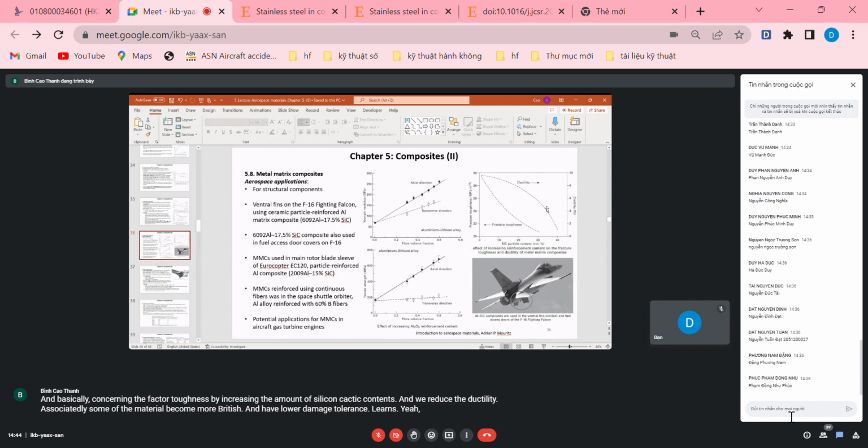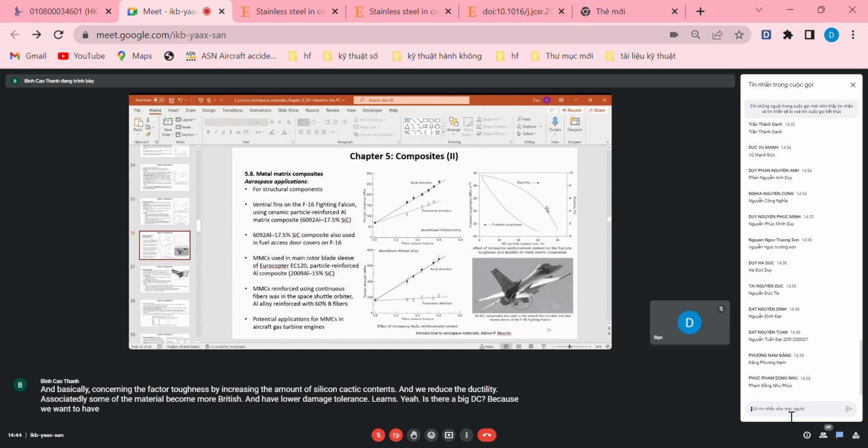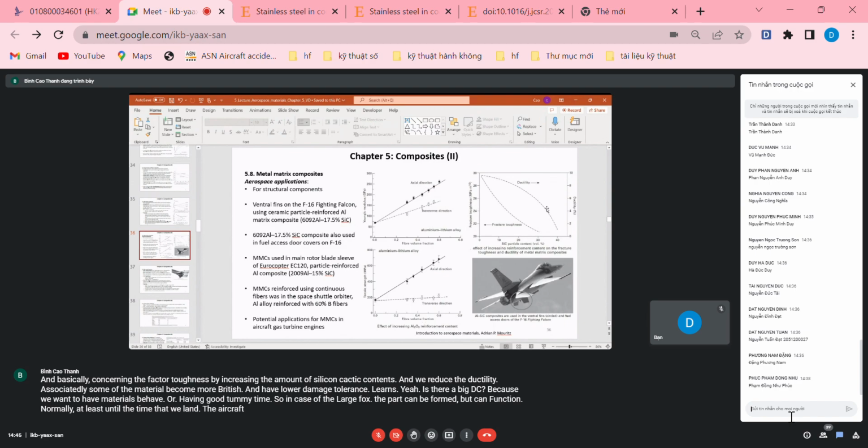Yeah, this is the big issue, because we want the materials to have good damage tolerance. So in case of large forces, the part can be deformed but can function normally at least until the time that we land the aircraft.